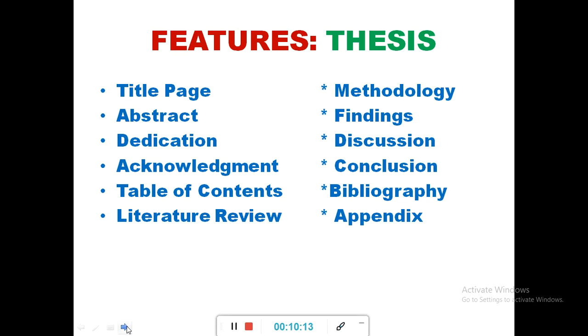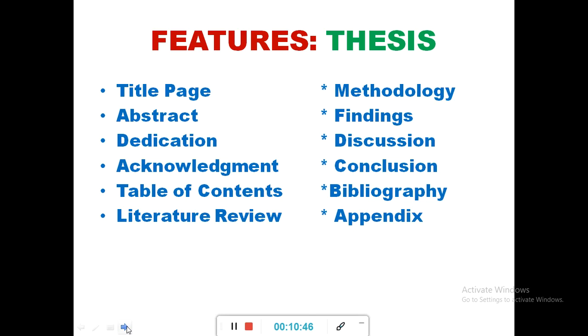Then you have the table of contents, you have the literature review, in which you review the previous works of others who have done a similar work to what you are doing. Then you have the methodology, which is the method you are going to use in the research. Usually you are looking at a problem and you are studying it, researching into it, and coming out with a solution, or you are coming out with your findings.